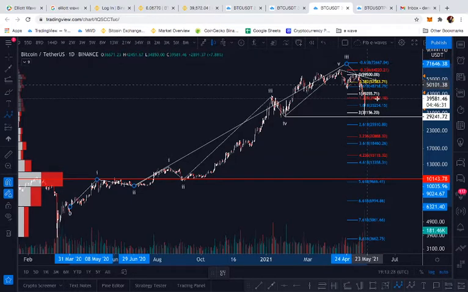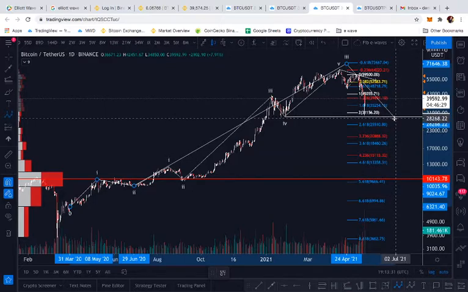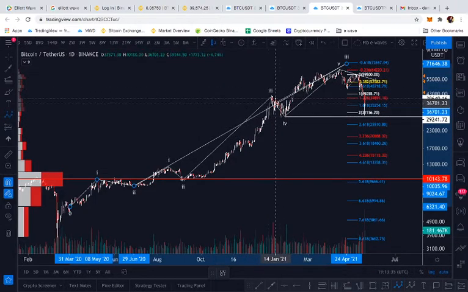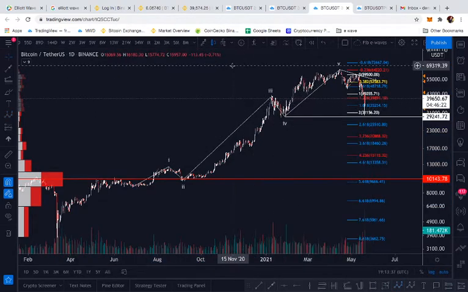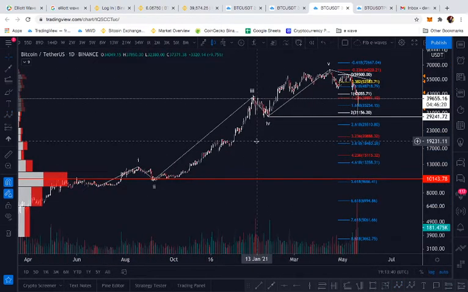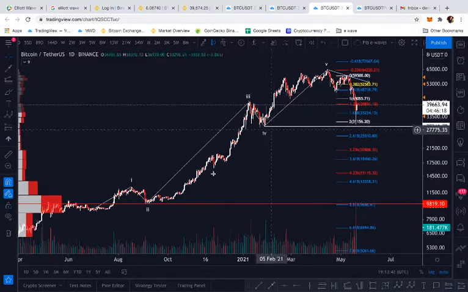This would be the 3 of a macro, and then the 4 retracing. 4s like to retrace into wave 4 zones. But let's talk about this count right here, isolating 5 waves here.